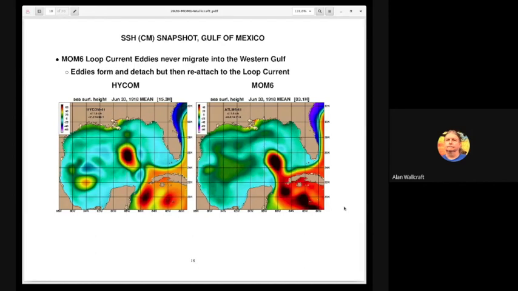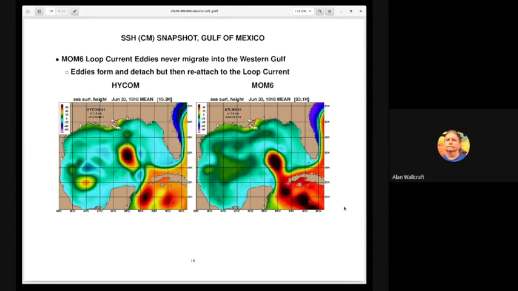A problem we have with the simulation is MOM6 loop current eddies never migrate into the Western Gulf. Looking at this snapshot, which happened to be the same day, there's no reason why they should be the same. It's a simulation. But you can see that in HYCOM, an eddy has detached from the loop current, and there's an eddy that is still there, which has migrated into the Eastern Gulf.